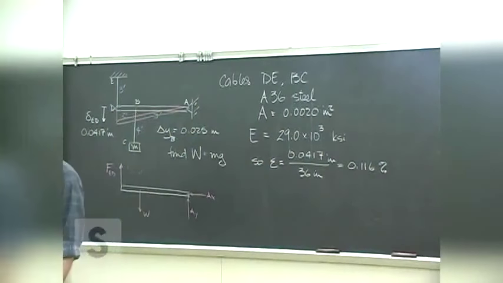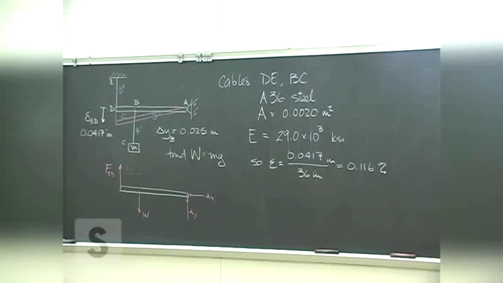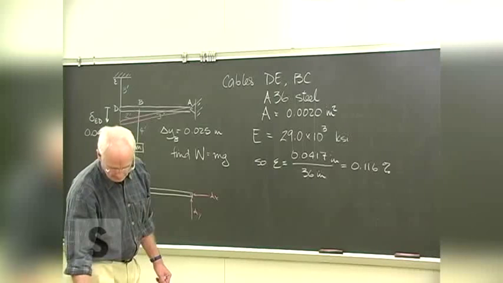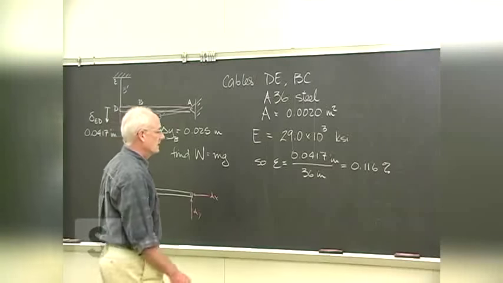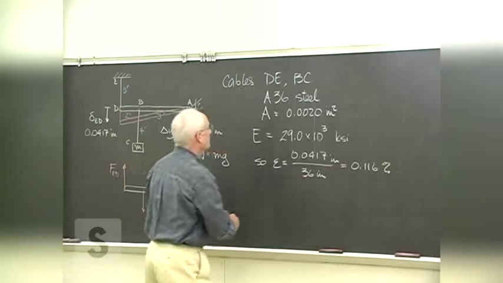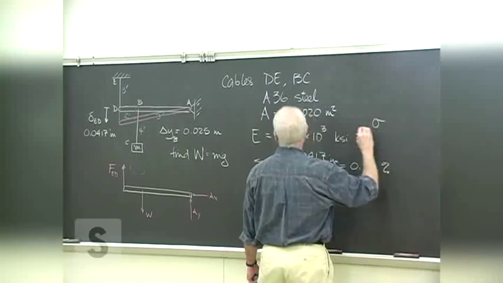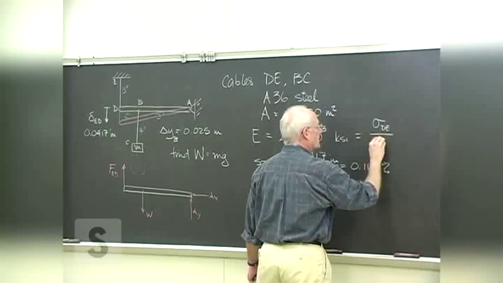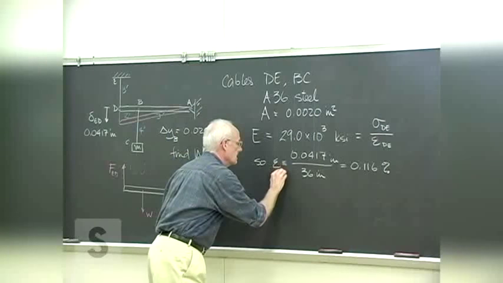You should get something like 0.116%. Then that can lead you to the stress in DE, because we now have the strain in DE, and we know the modulus of elasticity.